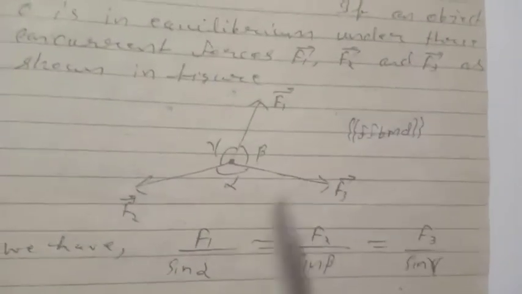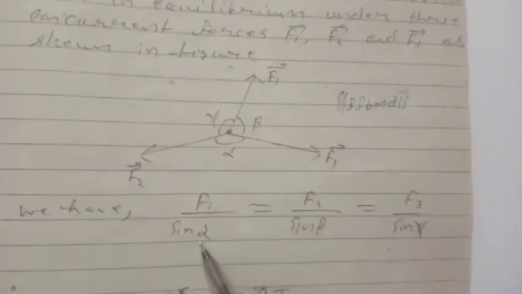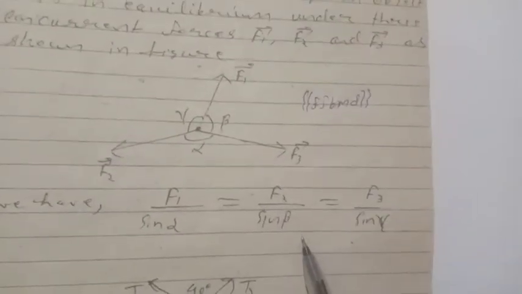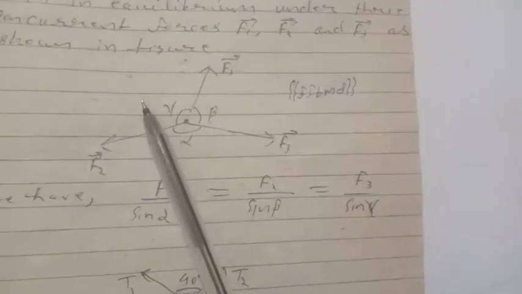The three forces are in the same plane, and this angle is alpha, this angle is beta, and this angle is gamma. Then we have F1 by sine alpha. If we take this force, then the angle in front of this force is taken. So F1 by sine alpha equals F2 by sine beta, and F3 by sine gamma; these are all equal.